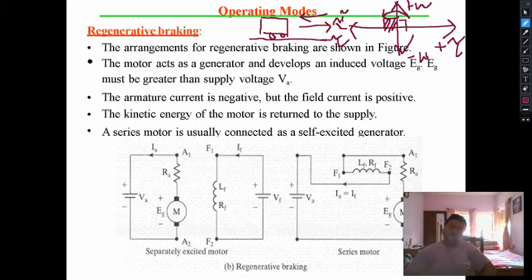So the train is trying to stop, right? So what about the friction? There is huge friction between the wheels and the rail track, which is dissipated in the form of heat.